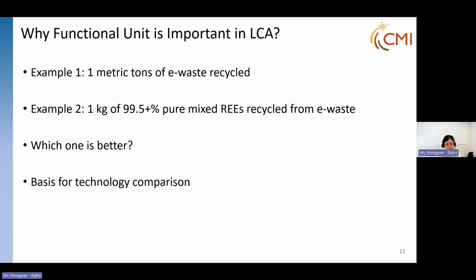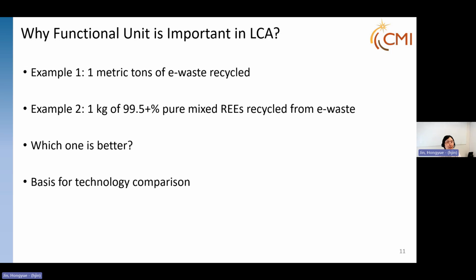When we review LCA literature, both examples show up, and I think example 2 is better, especially if the major function of the activity is to recycle rare earth elements. And it's crucial for comparison of different technologies.